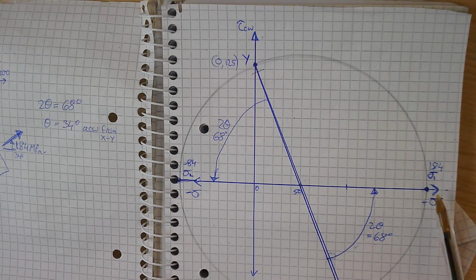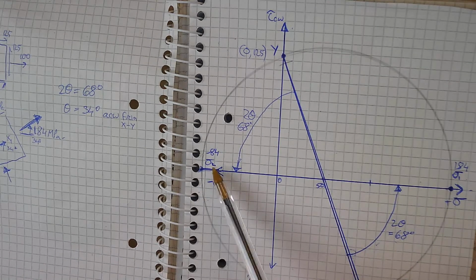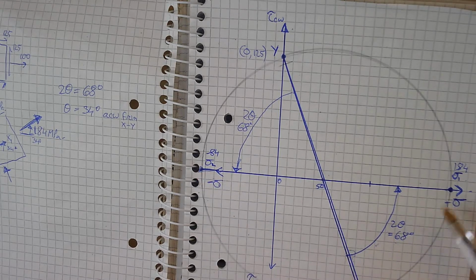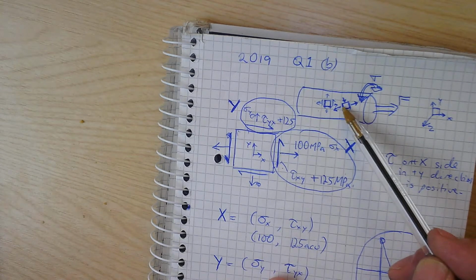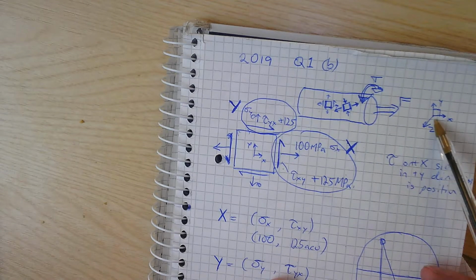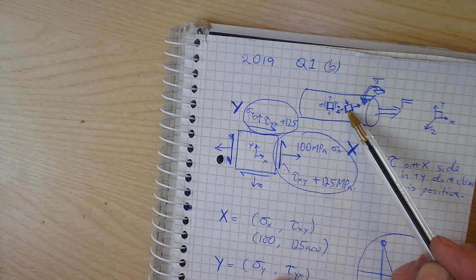That's the absolute maximum tension on the part in any orientation, sigma 1, and the absolute minimum normal stress is sigma 2. If you were to rotate the stress element 34 degrees anti-clockwise from your original XY coordinate system, that's where the tension and compression are the worst. Okay?